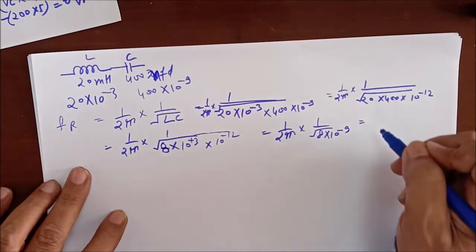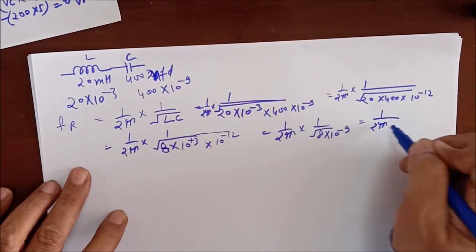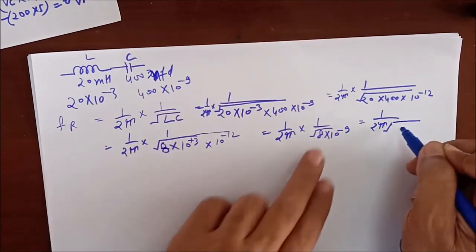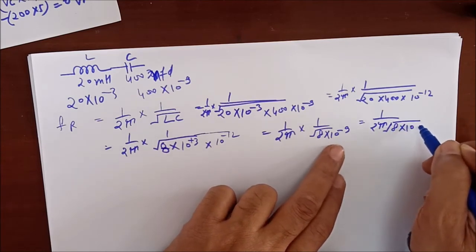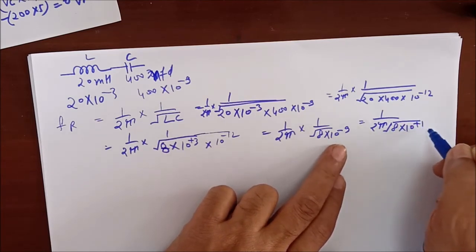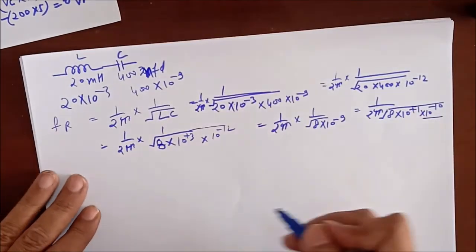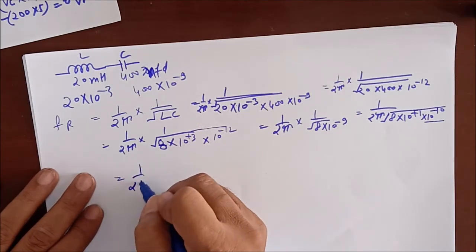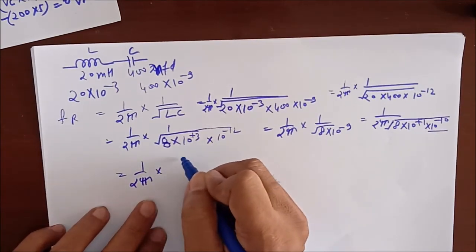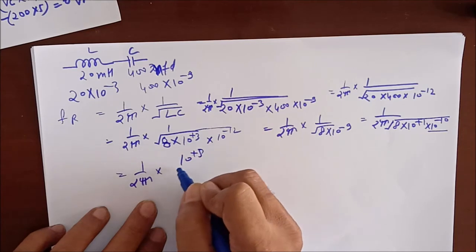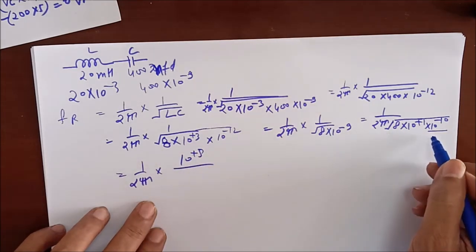Add one more value, 1 by 2 pi into 8 into 10 raised to the power plus 1 into 10 raised to the power minus 10. This value again take it up, 1 by 2 pi into 10 raised to plus 5, but down 8 into 10.